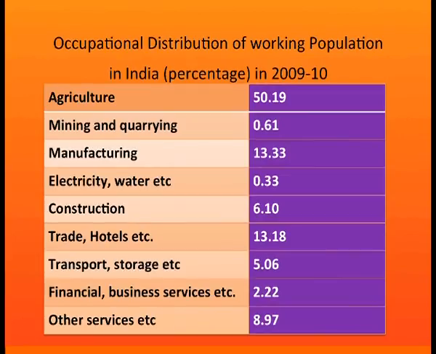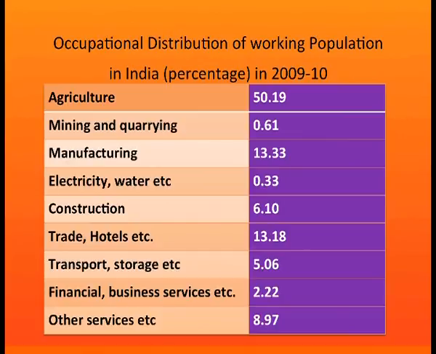Now we can find out the occupational distribution of the working population in India in different sectors. We can find that agriculture is a major sector in terms of occupation. Why is it the major sector in terms of occupation? Because the agriculture sector employs more than 50% of the total population of the economy.